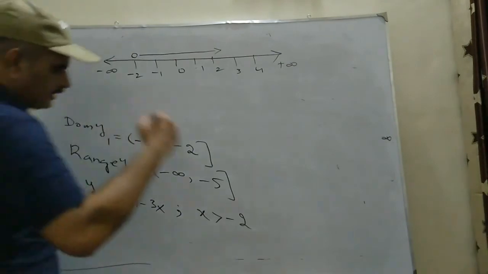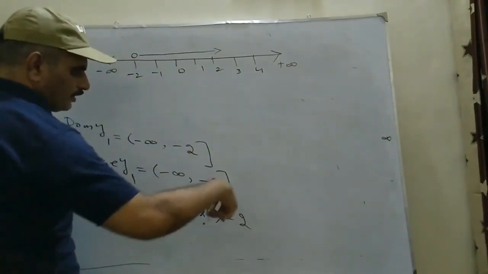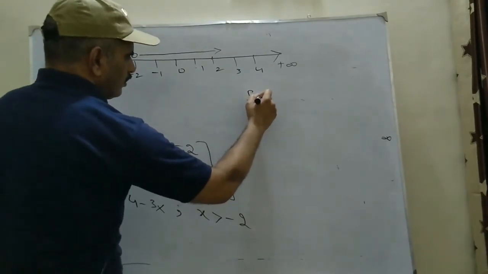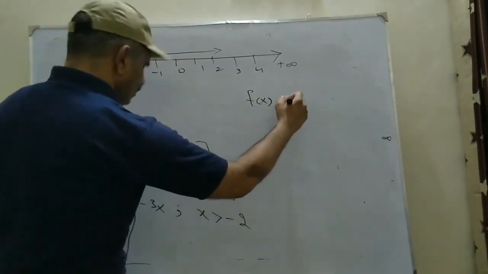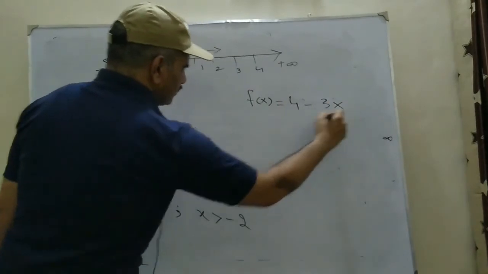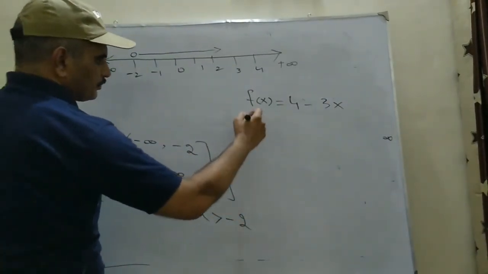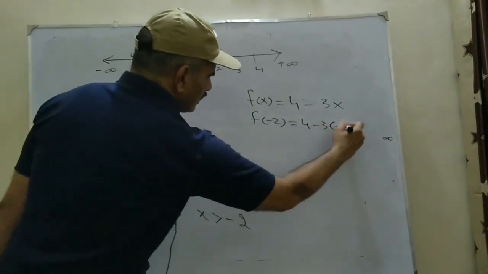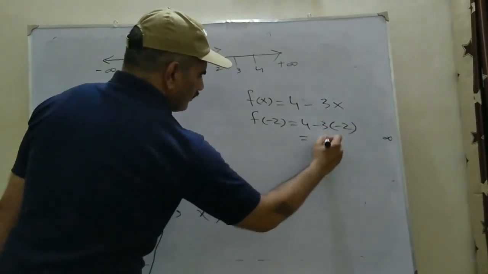But let us see what happens if we put different values for this condition. F of x, or you can say y2, is just a representation. If we choose minus 2, although it is excluded, let us see what the value is. The value will be 10.